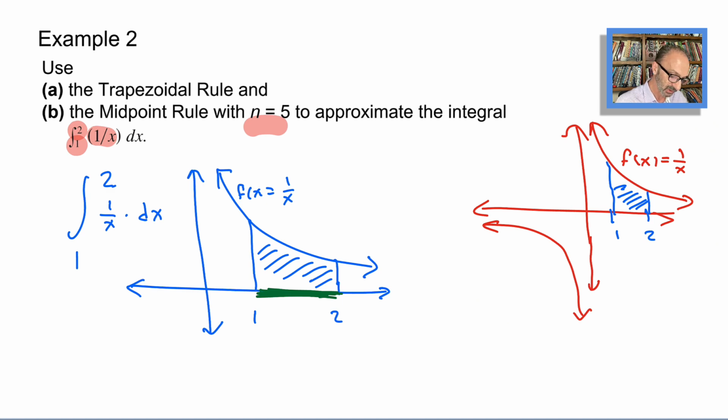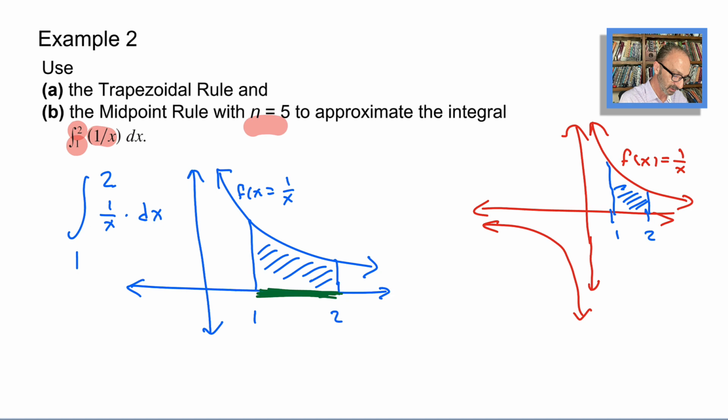But we are just focused on 1 and 2 as our interval. So here's the graph focusing on the first quadrant only. So we're going to approximate this area of the function 1 over x from 1 to 2 using both methods, the Trapezoid Rule and the Midpoint Rule.